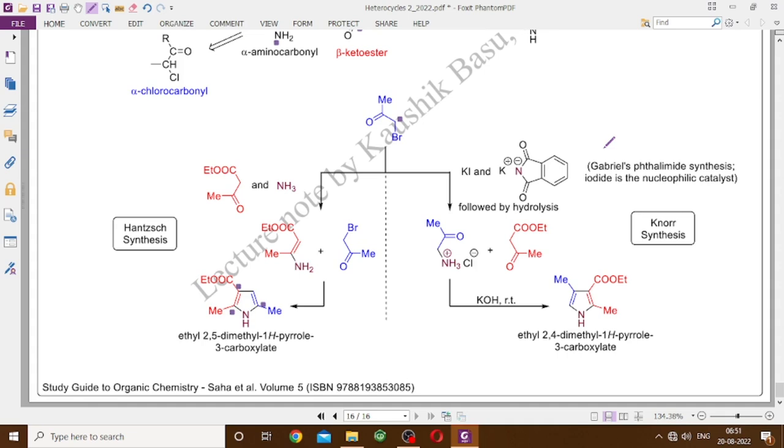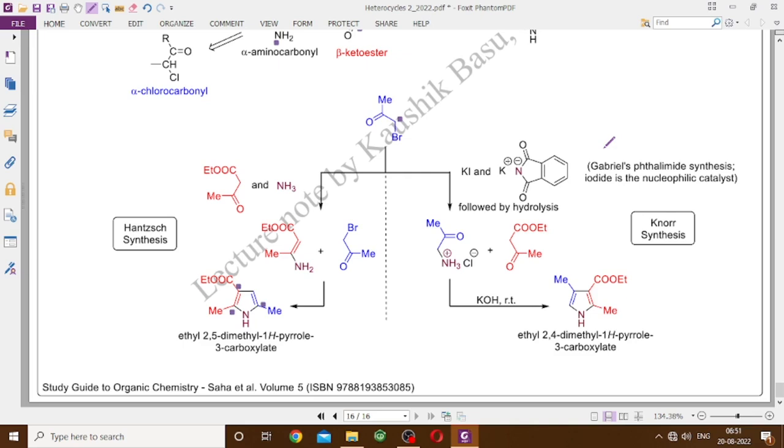Because recall, Gabriel's phthalimide synthesis is basically an SN2 reaction at the alpha position of a carbonyl, if you choose to react alpha halocarbonyl as an electrophile. So where the phthalimide ion, the potassium salt of phthalimide, will act as a nucleophile. If you choose to react with RX, then you will get the N-alkyl phthalimide, which on hydrolysis will liberate your primary amine.